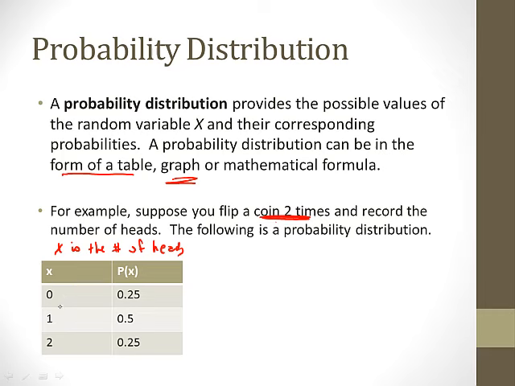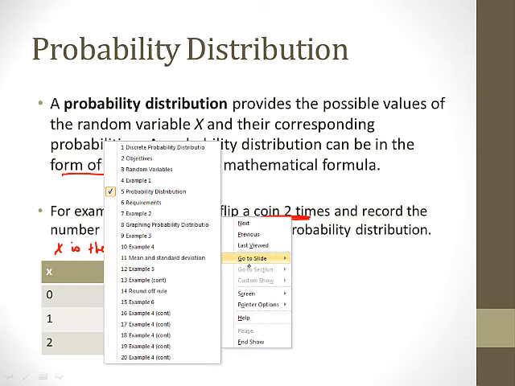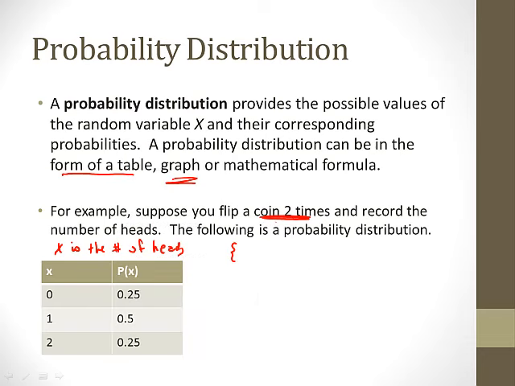That's that outcome. Or I could get 1 head. I could get head, tail, or tail, head. Or I could get 2 heads, head, head. So, if I were to list these all out, I could get tail, tail, head, tail, tail, head, or head, head. This is called the sample space of the experiment. It's the list of all the possible outcomes.